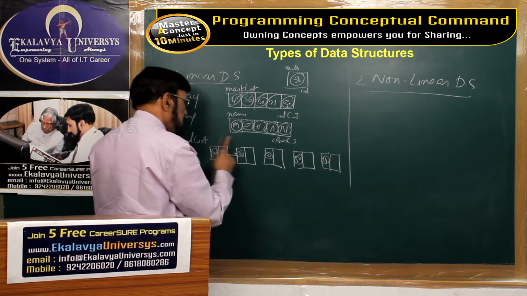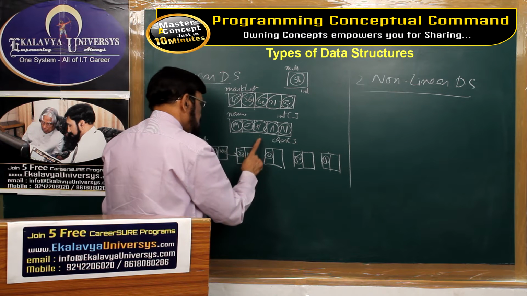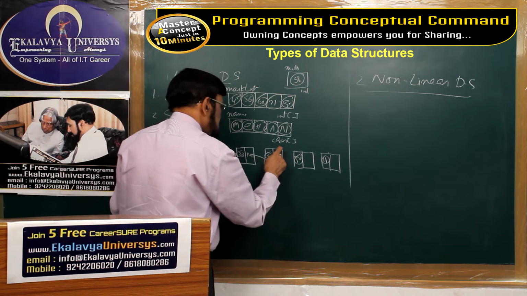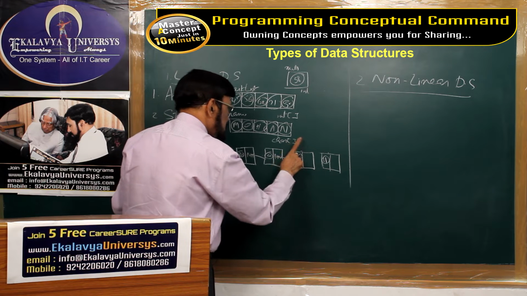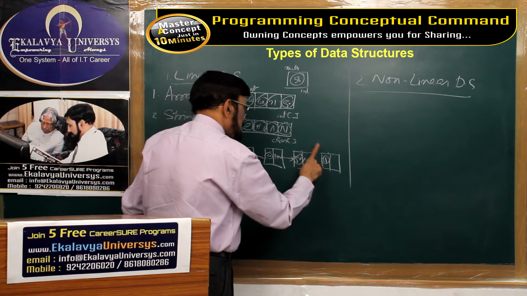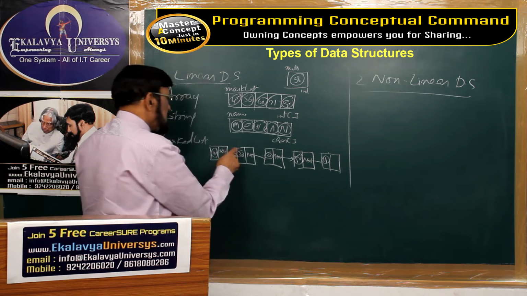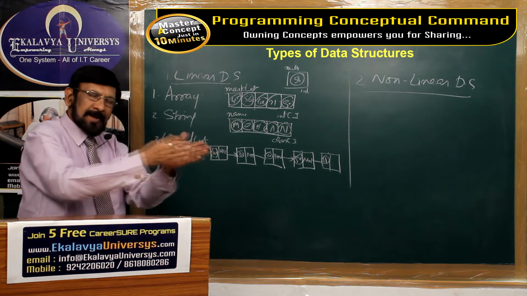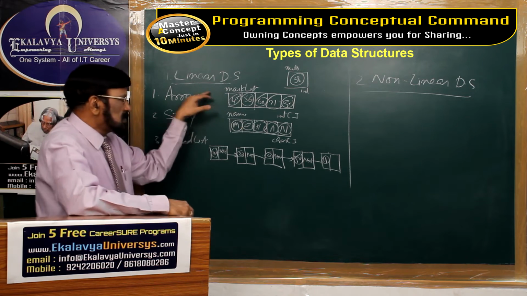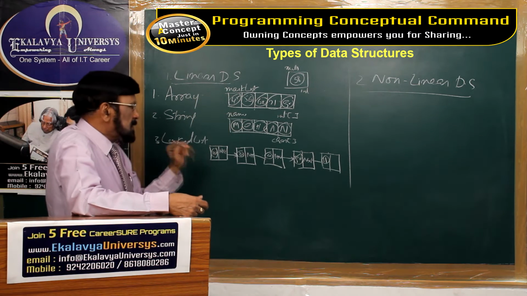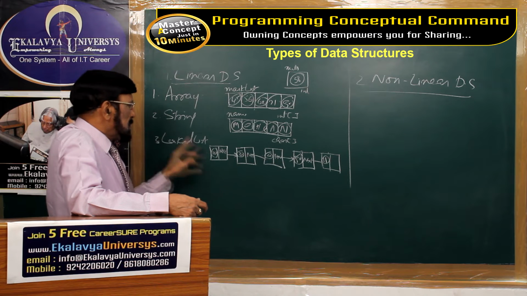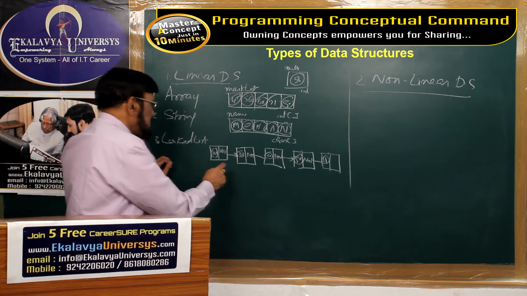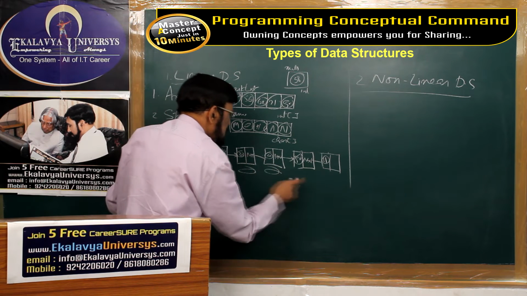What is the address? Address for next. Next means next node. Analogically, an array is like train compartments. In a sequential order, they are closely connected. But as far as the linked list is concerned, this is like the boats in the river.